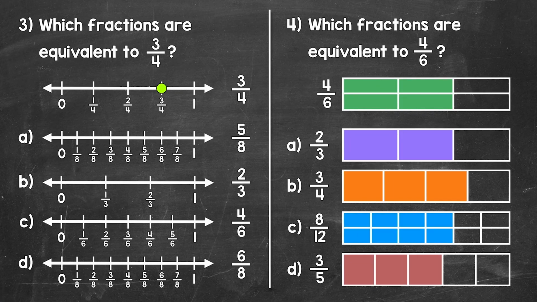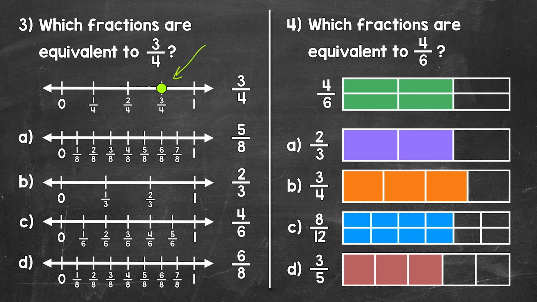Taking a look at numbers 3 and 4, let's start with number 3, where we have which fractions are equivalent to 3/4. And here we're going to be working with number lines to help us out. Remember, equivalent fractions are going to be at the same place, the same position on a number line.